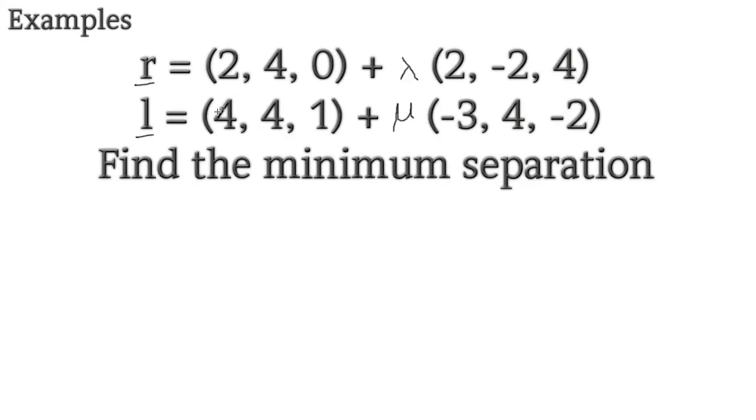Okay, so to find the separation between a skewed pair of lines, we start off by finding the vector normal between the two lines. So let's do a cross product between two normals, two directions rather.